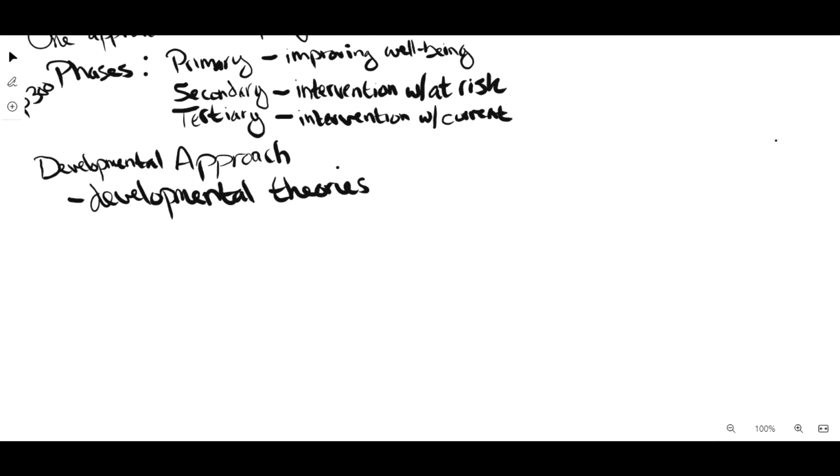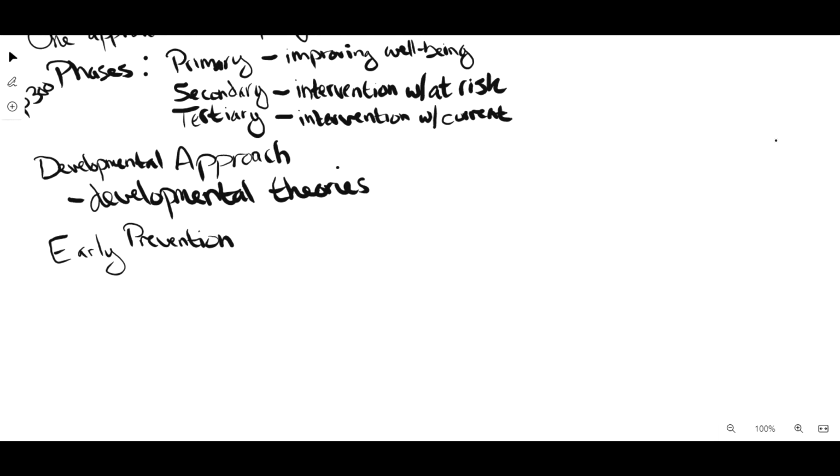Thinking about developmental as well as, oddly enough, public health, one thing that does really come up a lot is early prevention. Or rather, early intervention. Early prevention is popular in particular because it addresses potential risks very early on in life and intervenes before any kind of delinquency can happen.